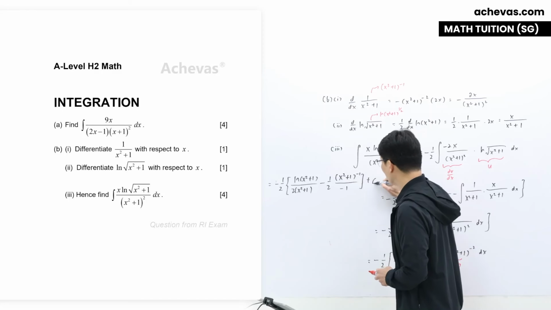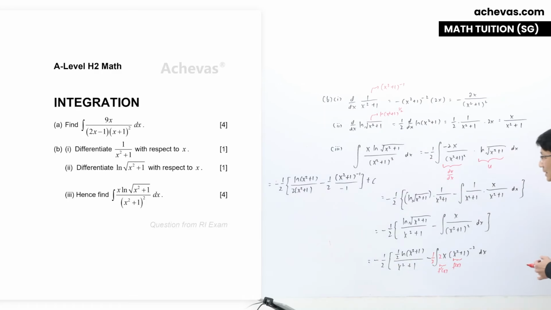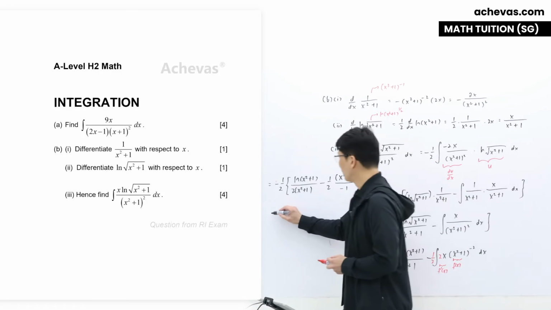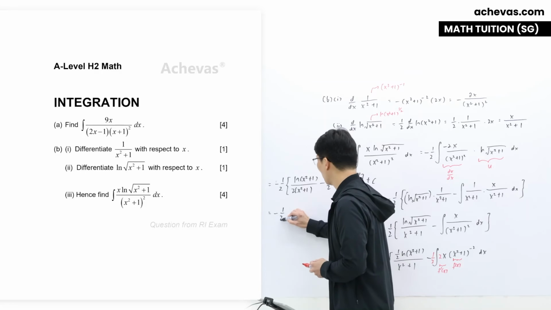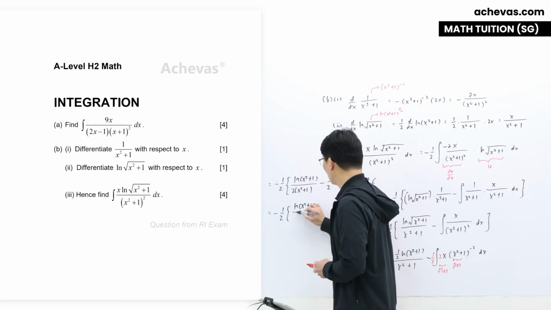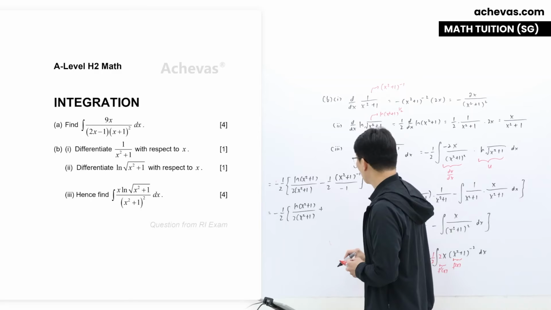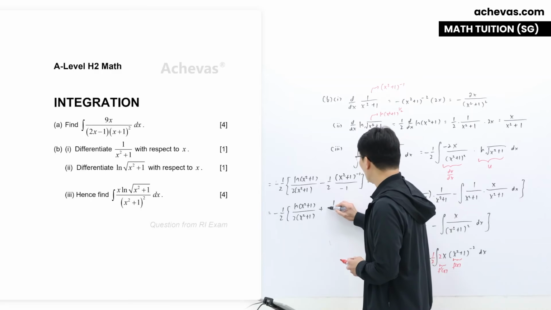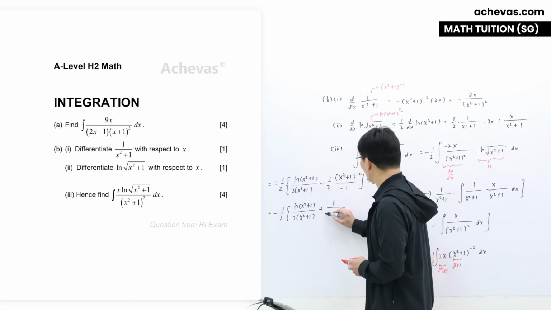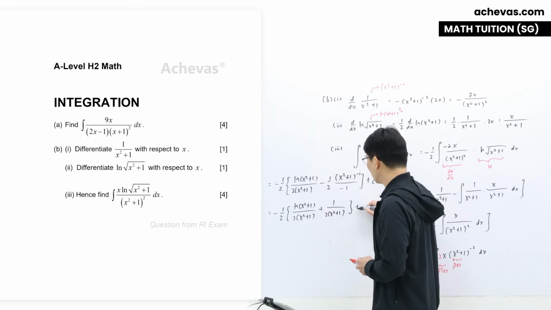And don't forget, there's an arbitrary constant plus c. Let's simplify. So we have a minus half ln bracket x squared plus 1 over 2 bracket x squared plus 1, plus 1 over 2 bracket x squared plus 1, plus c.